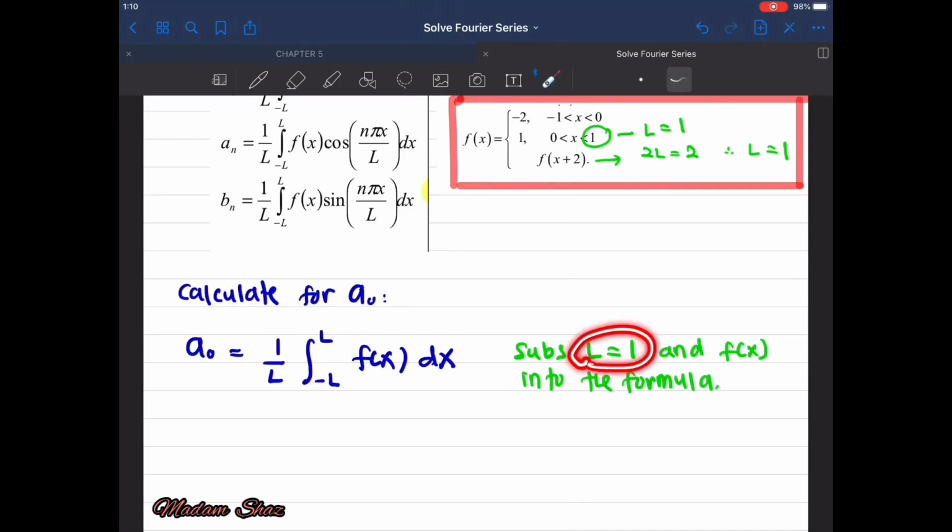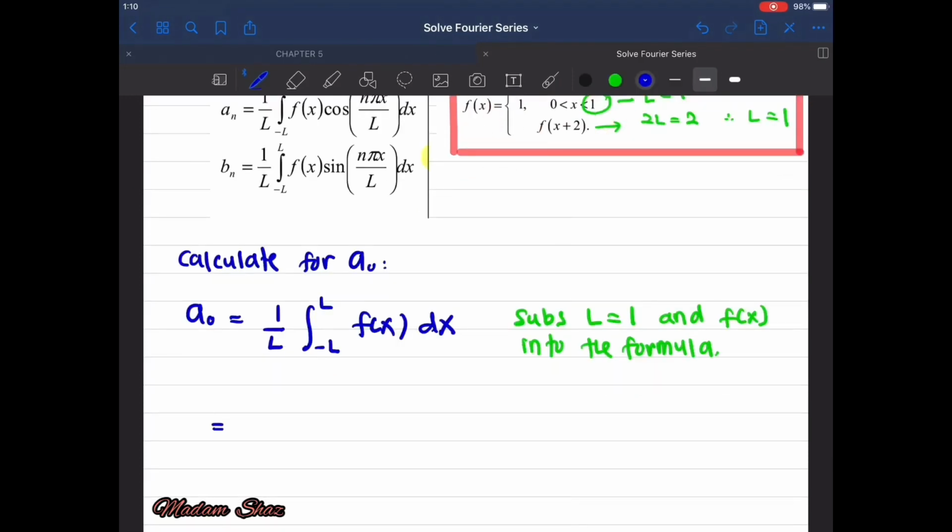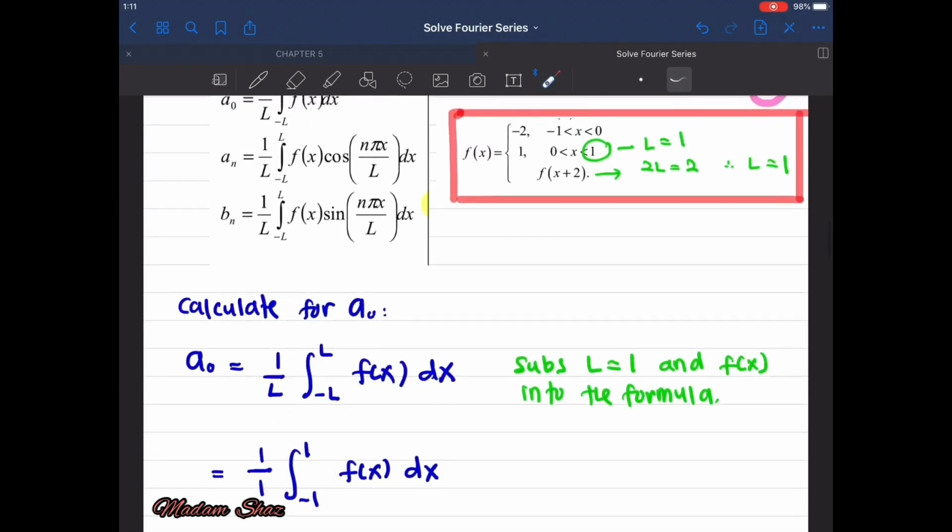We get the value of L from the question, and this f(x) we also obtain from the question here. So therefore 1 over L will become 1 over 1, integrate from -1 to 1, f(x) dx. We want to integrate from -1 until 1.